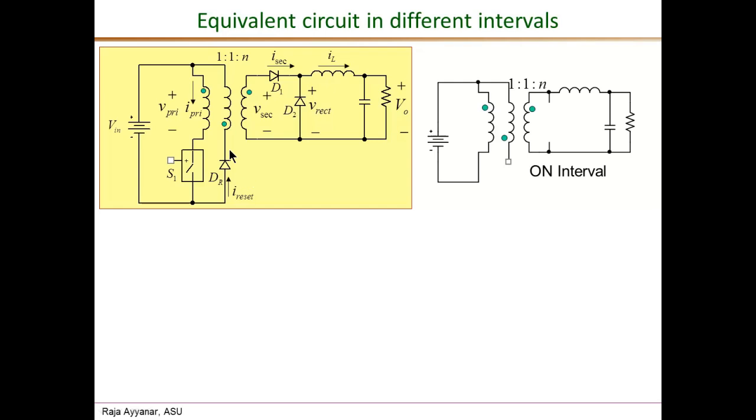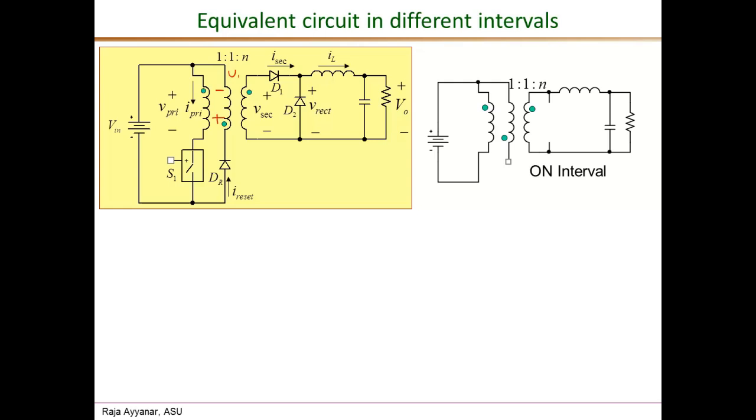We can say that because this end with respect to the ground is at the input voltage Vn, and from the primary we see that the dotted end is positive with respect to the undotted end. So the voltage of the reset winding would be positive this side, negative here.